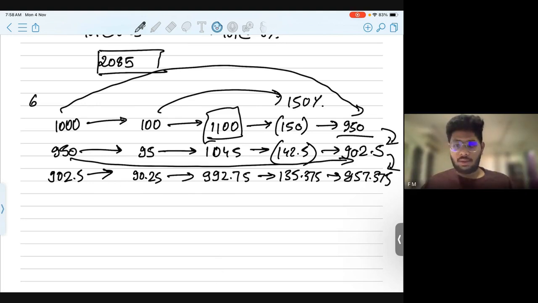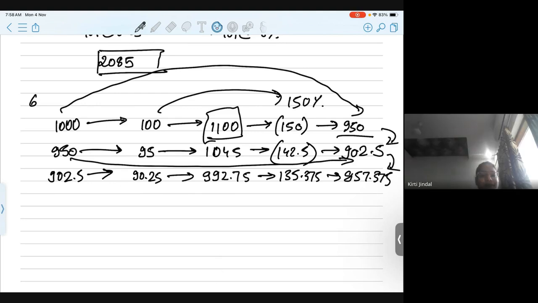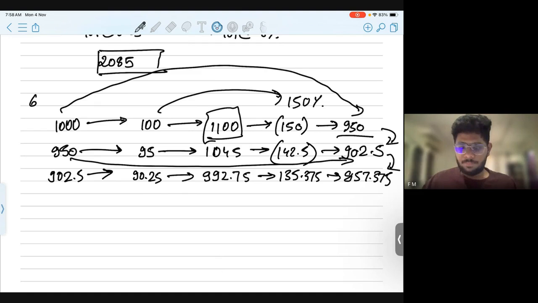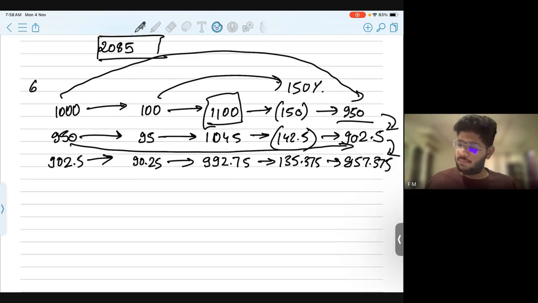So how could it decrease? There are only two patterns that we do in maths, AP and GP. It's GP. Why is it a GP?